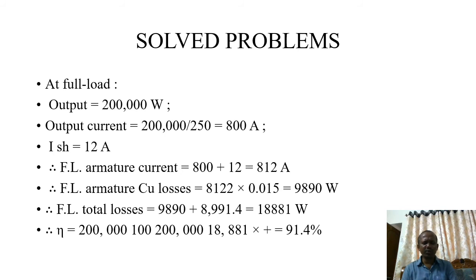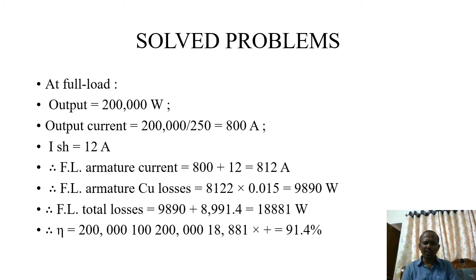Output current is 200 kilowatt divided by 250, which is 800 ampere. Shunt current is equal to 12 amperes. Full load armature current is 800 plus 12, equal to 812 ampere.